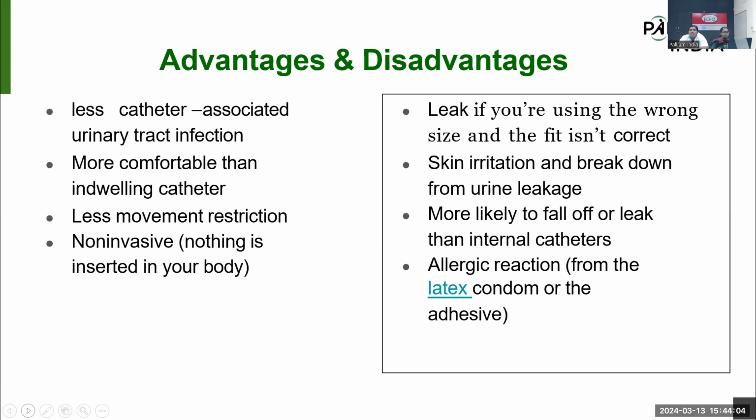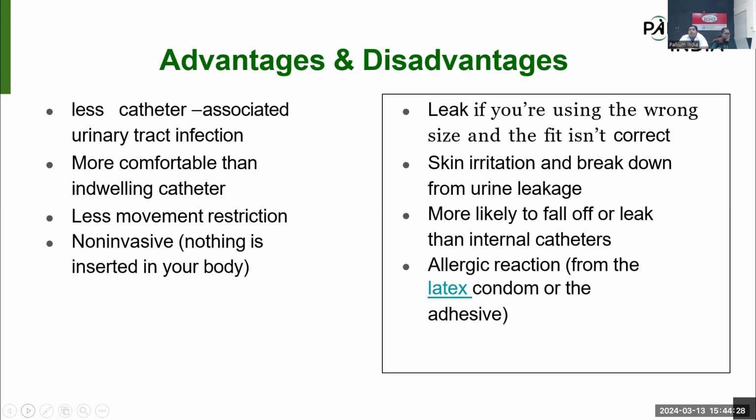The disadvantage is leakage if you are using the wrong size and the fit is incorrect, because every condom catheter has a size according to the size of the penis. We have to apply the condom catheter properly. Skin irritation and breakdown of the penile area happen because of the urine leakage.